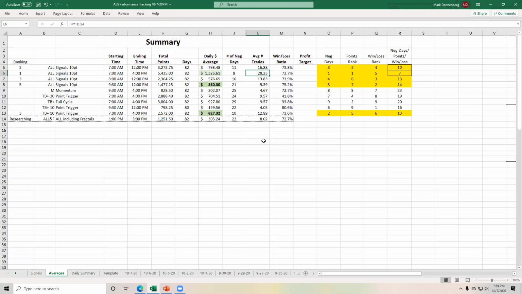Yeah, you don't need to trade more, in my opinion. If you're trading from 7 to 4, I'll just use that time frame as an example, and you're knocking down $1,300 a day, averaging 28 trades a day, do you really need more? First of all, every time you put a trade out there, you incur risk. Every time you add more trades, you add more risk.